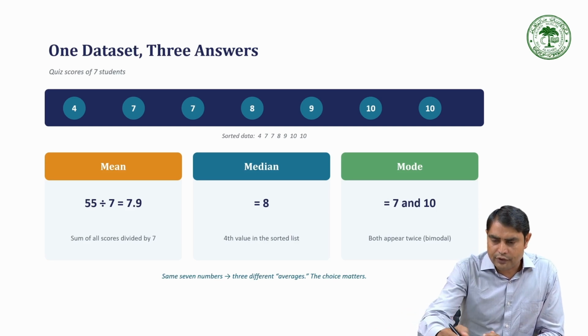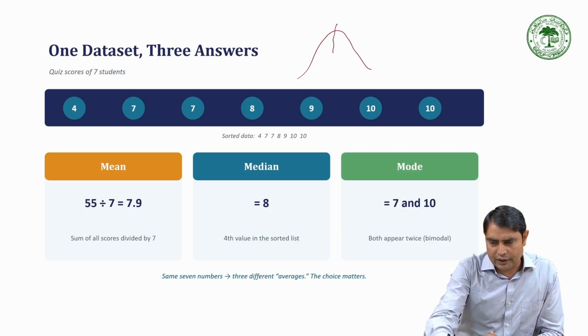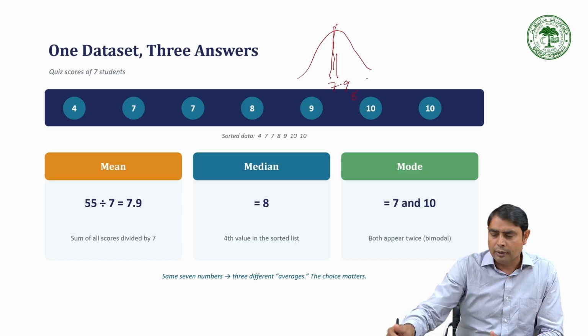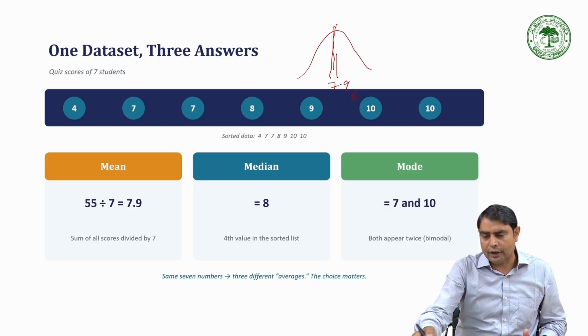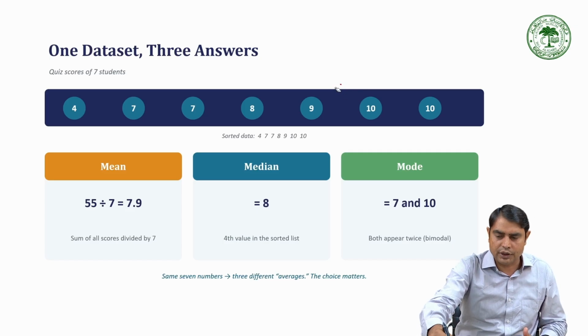So the graph which I'll get is somewhat like this. The mean 7.9 and median 8 are almost equal, but the mode is 7 and 10. It's not very far away, but it is not perfectly normal because all three are different.